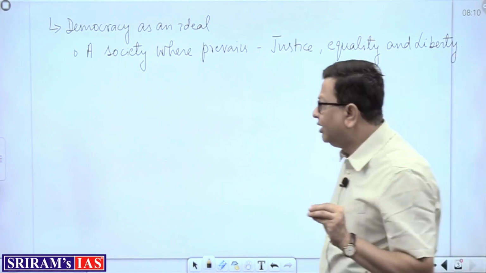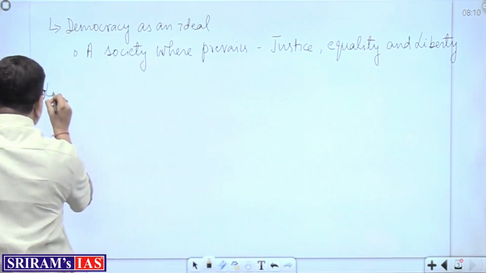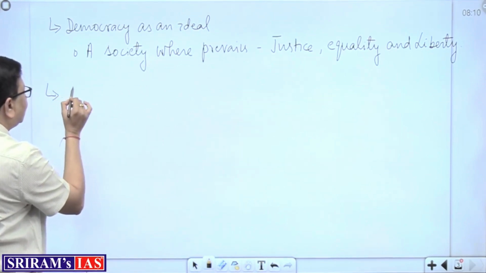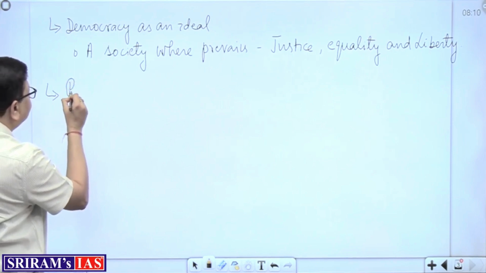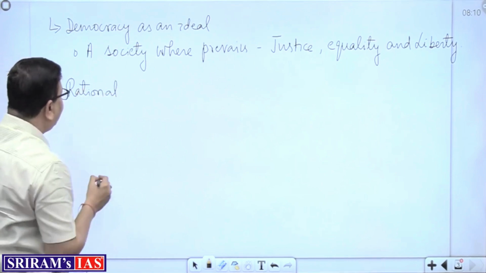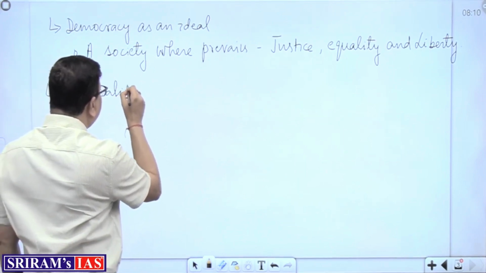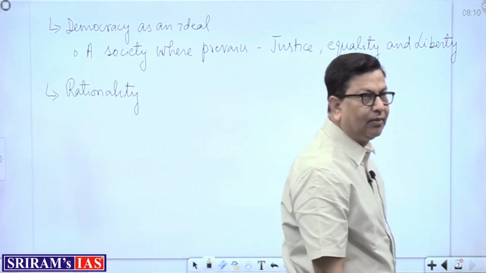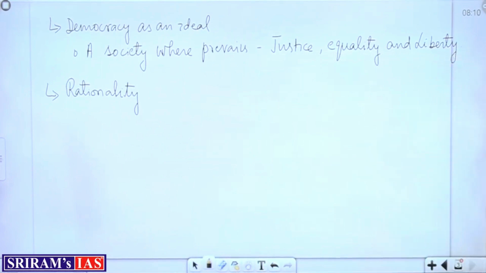Then, third point you can write here. The success of democracy is based on rationality. Full stop.